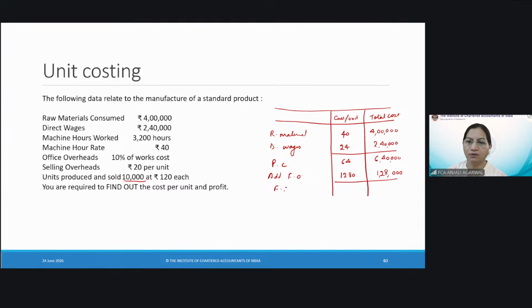Factory cost comes out to be 7,68,000, 76.80 per unit. Then you add office overheads, 10% of works cost. So 76,800, 7.68 per unit, gives the total cost of production.